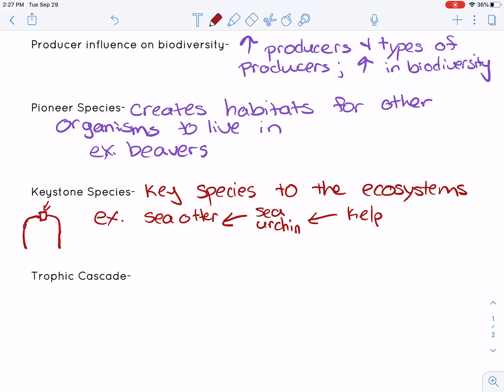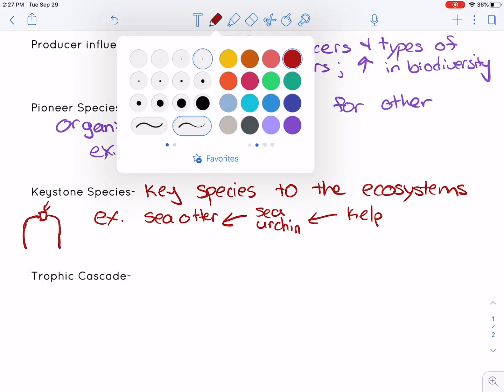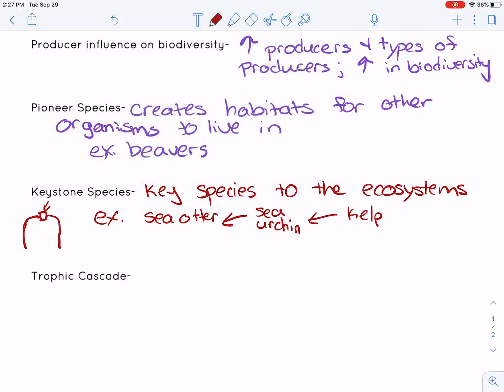So what happens is that eventually, let's say we get rid of the sea otters because they're overhunted, okay? And that's what's happened. They have really wonderful pelts that keep them warm. So we eliminate the sea otter in this scenario. It's going to cause an explosion in my sea urchin population. Lots of sea urchins. And then that leads to a wipeout.